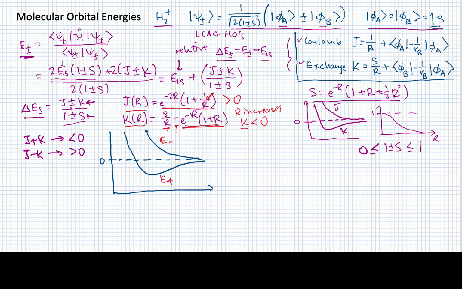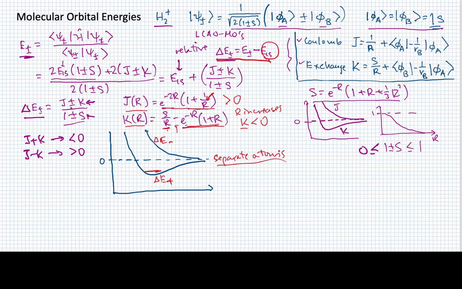So in other words, this plus sign basically tells us that the energy of the molecular orbital can become more stable at certain separations than it would be for separate atoms, which represents the 0 in energy here. The 0 in energy is when our delta E plus or minus is equal to the 1s energy. So this 0 in energy represents separate atoms for the two hydrogens.